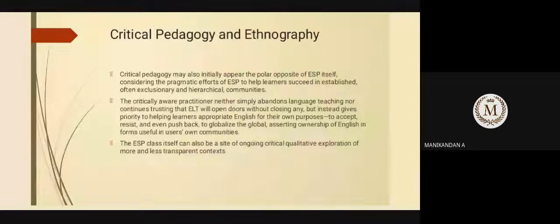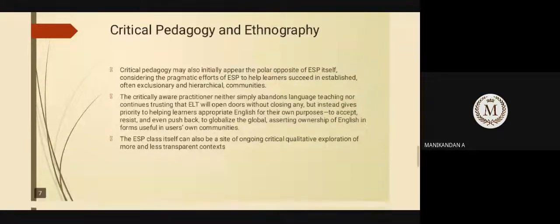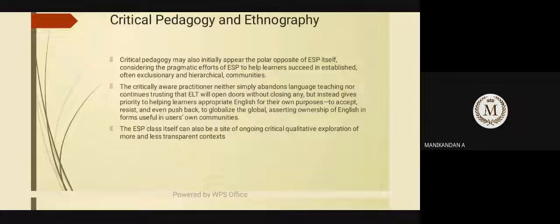So the critically aware practitioner neither simply abandons language teaching nor continues trusting that ELT will open doors for everyone, but instead gives priority to helping learners appropriate English for their own purposes, to accept, resist, and even push back, to globalize the global, asserting ownership of English in forms useful in users' own communities.